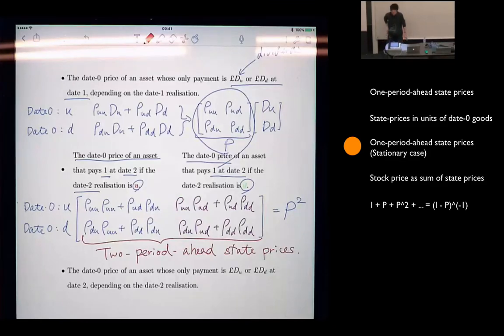That is, today you want to buy 1 unit of consumption good. You want to have 1 unit of consumption good at date 2 when the date 2 economy is up, what's the current price for that? You want to have 1 unit of consumption good at date 2 when the date 2 economy is down, what is the price for that today? Okay, this matrix will give you the answer.